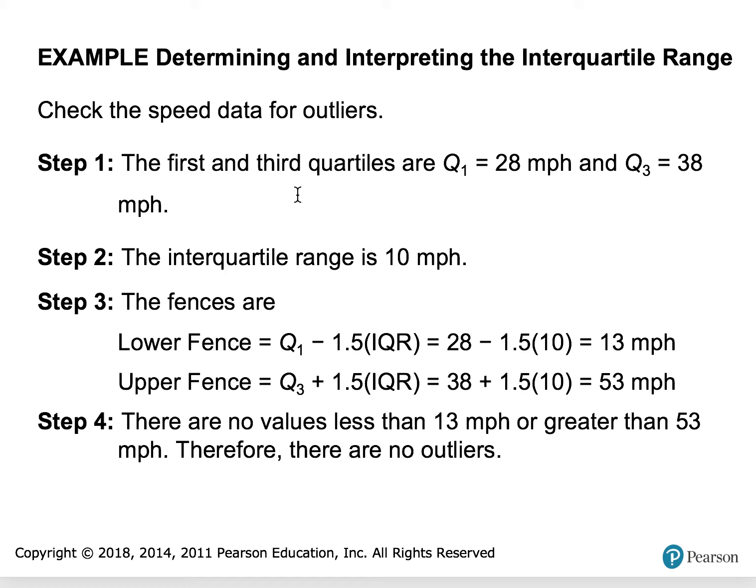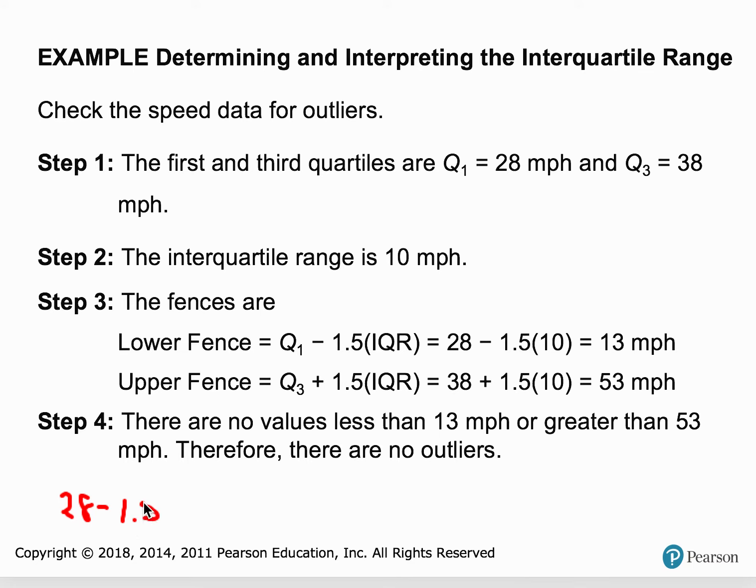Step 1, remember, was determine the first and third quartiles. We have that already. Step 2, you find the interquartile range. We also have that. Now, to find your fences, here's the formula we want to put on our list. The lower fence is the first quartile minus 1.5 times the interquartile range. I know it's written right there, but sometimes it just helps to see it.